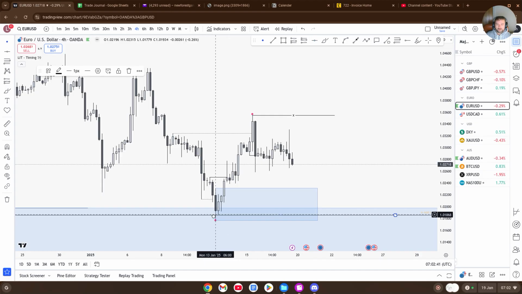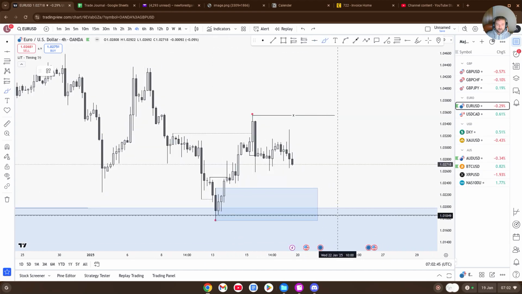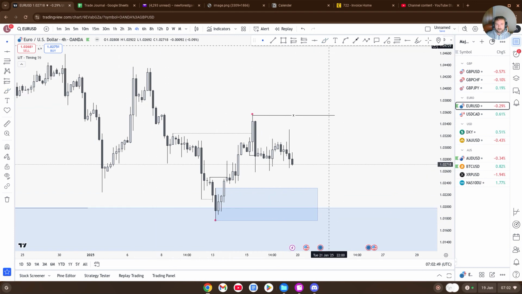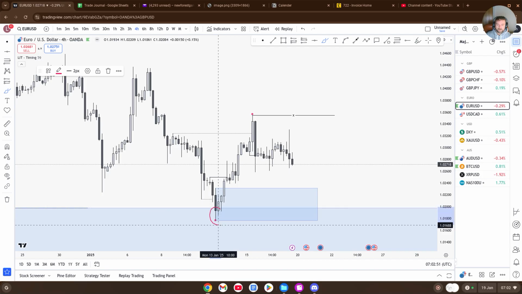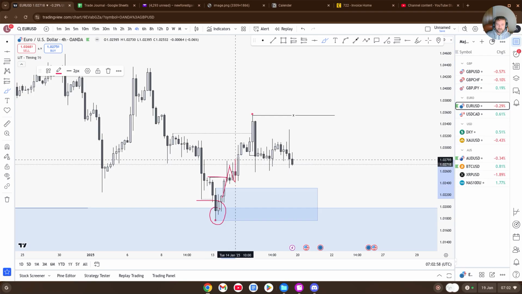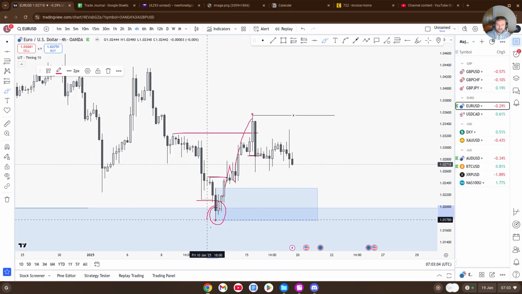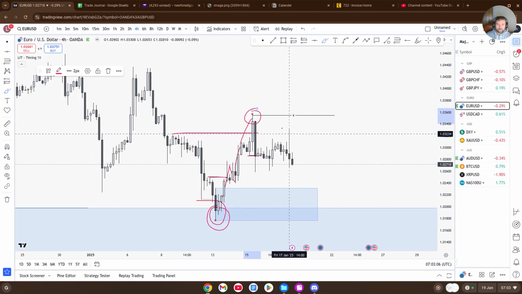Let me get rid of that. This is my range from here, because we ran liquidity, broke structure, retrace, broke structure, ran this liquidity here, pushed down, broke structure. So now this is my strong low, weak high.